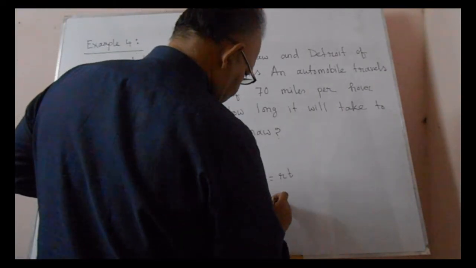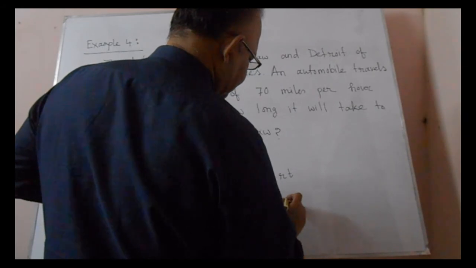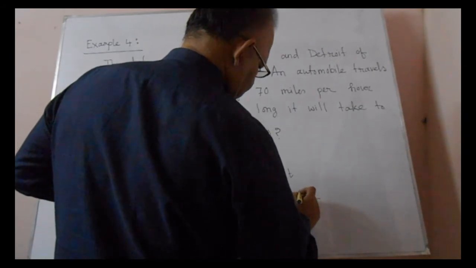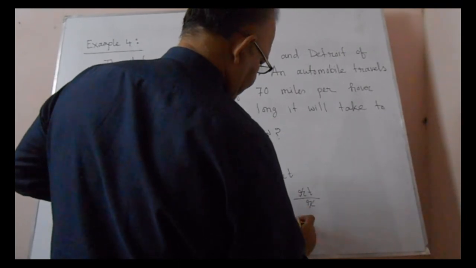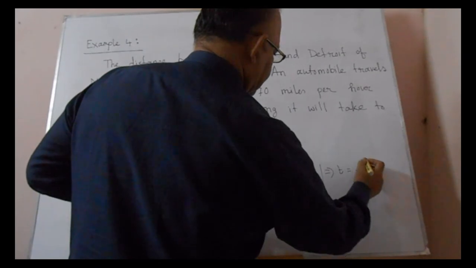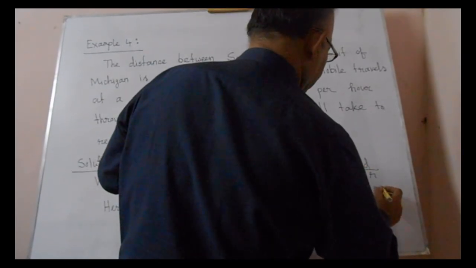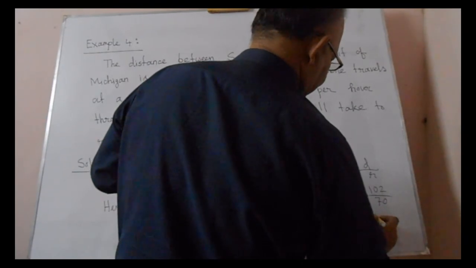So we'll divide by R on both sides of this equation. Therefore D by R equals T. Now we can write T equals D by R, 102 by 70 equals 1.46 hours.